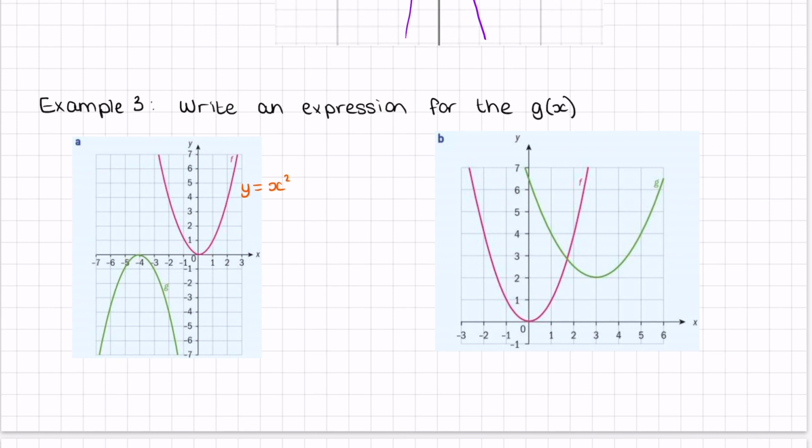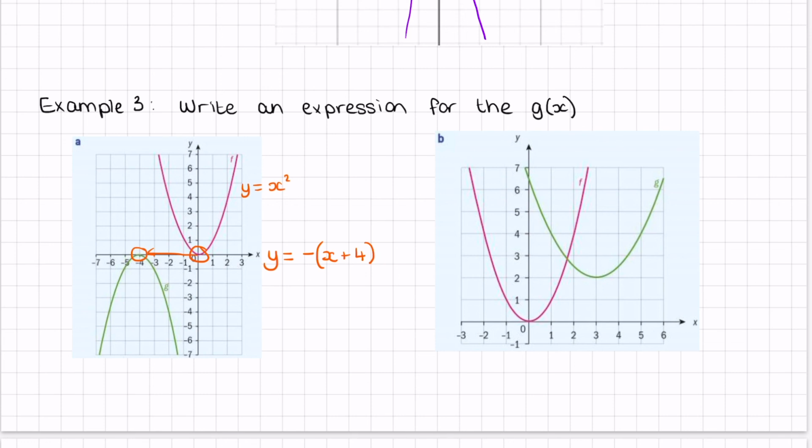So we're going to have y equals, the whole thing is going to be negative with the x. Now the x, if we look at the origin, it has moved across from 0 to negative 4, which means it will be a plus 4 in the brackets there. It hasn't moved vertically up or down.